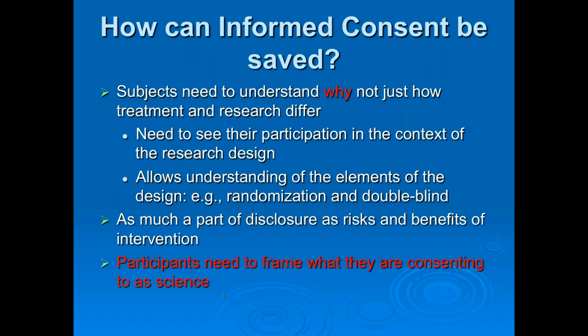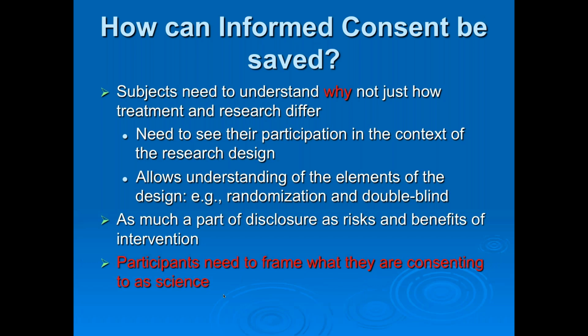Now, as I said earlier, we've been trying to see if we couldn't do something about this. And if that theory that I laid out of the cognitive frames of the two participants is right, what we need to do in order to get subjects to understand is not just tell them what's going to happen to them, but why.